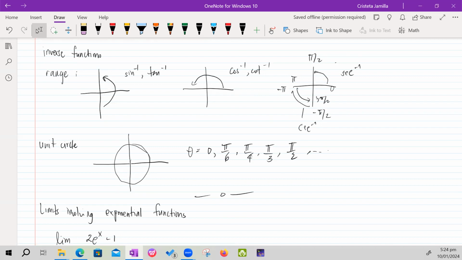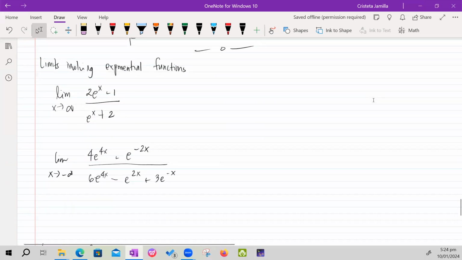And next, remember that we had this technique for limits involving exponential functions. Specifically, when we have exponentials in the numerator and the denominator, we need to determine whether x goes to positive infinity or negative infinity, because the technique depends on which it is.